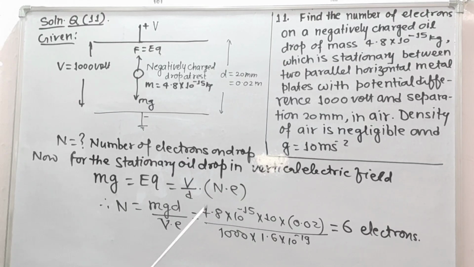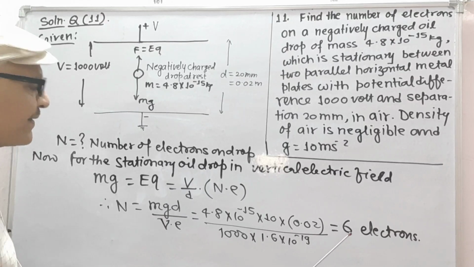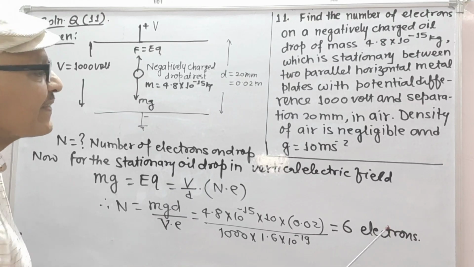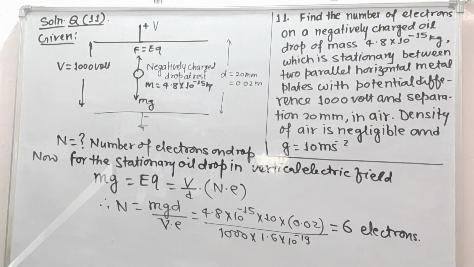Putting the corresponding values we get N as 6 electrons. Thus the charged stationary drop has 6 electrons on it.